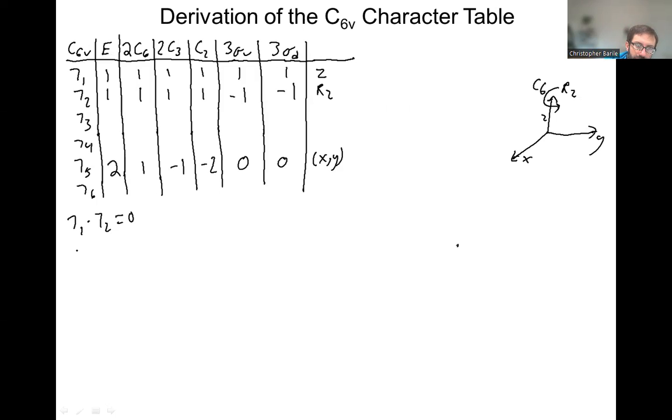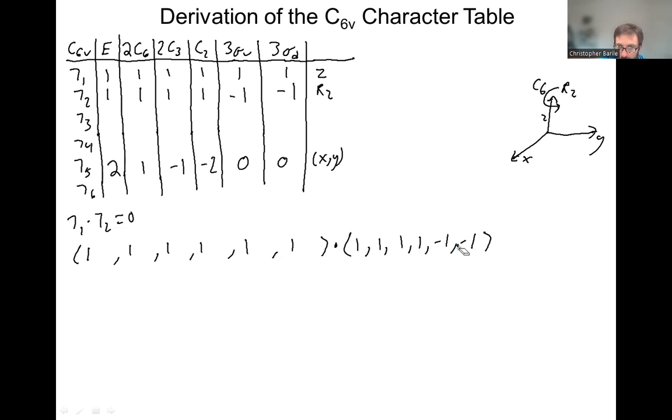So how I'm going to write this is gamma 1 is 1, comma 1, comma 1, comma 1, comma 1, comma 1, right? And dotted with gamma 2, which is what we just got, which is 1, 1, 1.